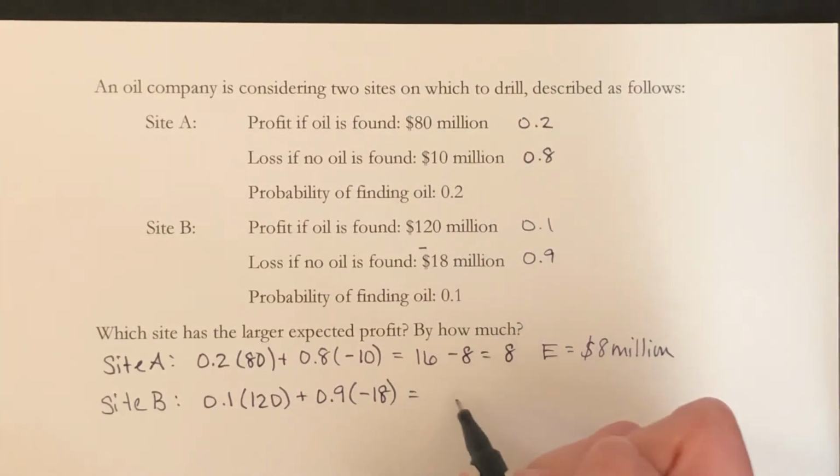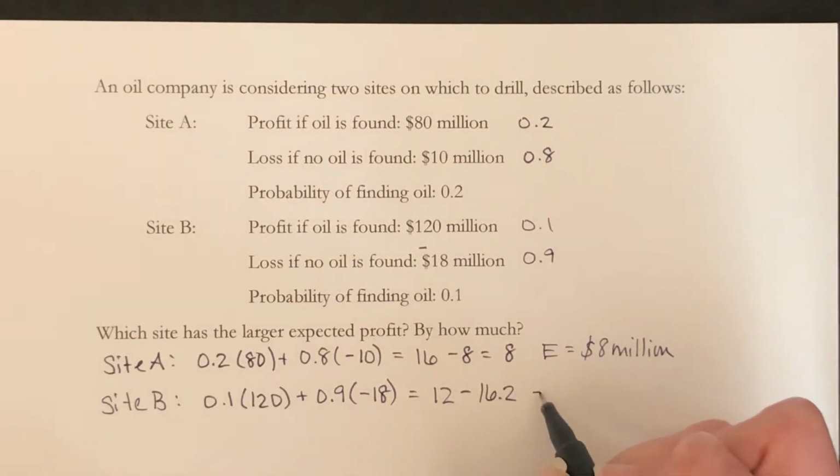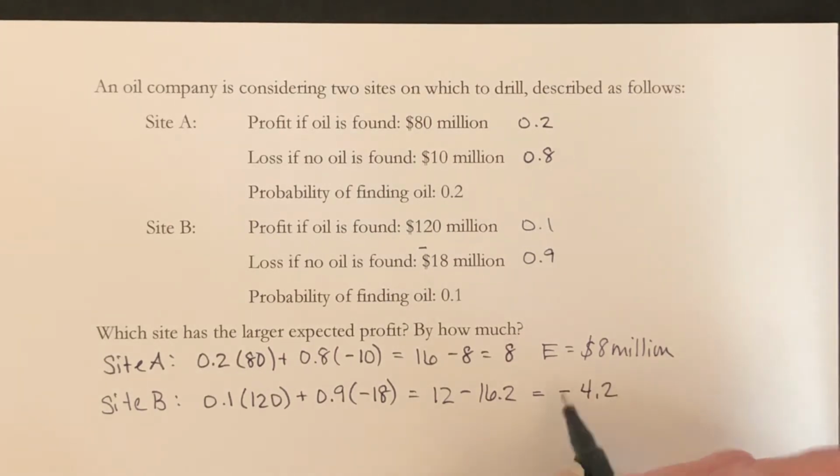Multiply here and you get 12 minus 16.2, which gives you negative 4.2. So for this one, you expect a $4.2 million loss.